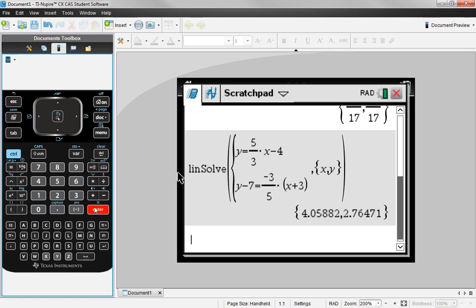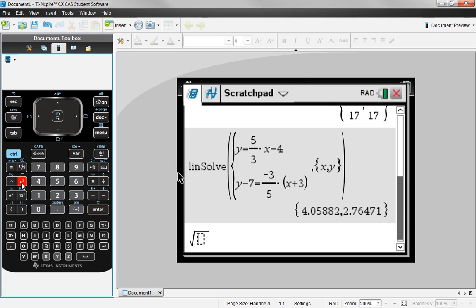And now I'm going to use the distance formula. We want to find the distance between this point and that original point that we started with, -3, 7. And I can type the distance formula in one step in the calculator. It's the square root of, let's see, the x-coordinate of the original point was -3.